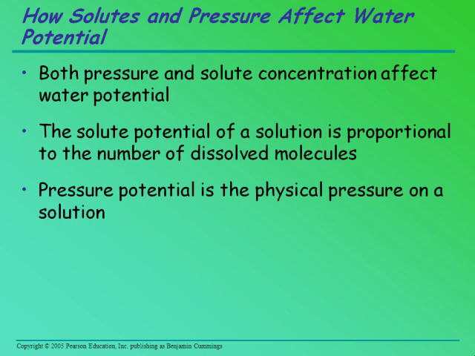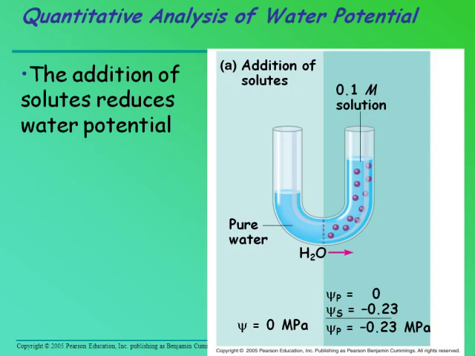Both pressure and solute concentration affect the water potential. So the solute potential of a solution, okay, again a little review, is proportional to the number of dissolved molecules. The greater the number of dissolved molecules, the greater the solute potential. Pressure potential is the physical pressure on the solution.